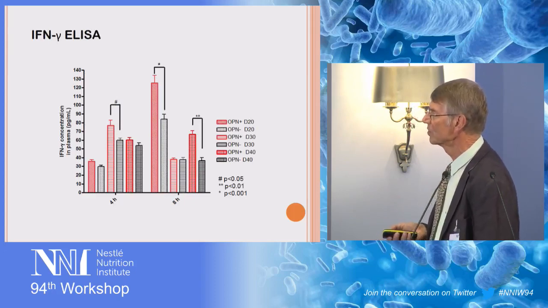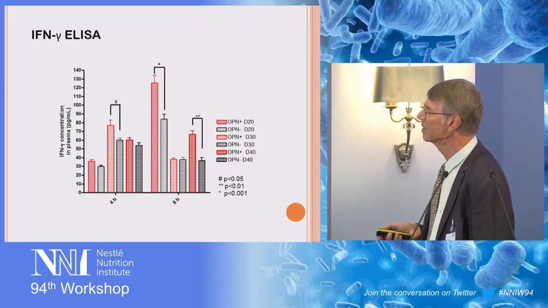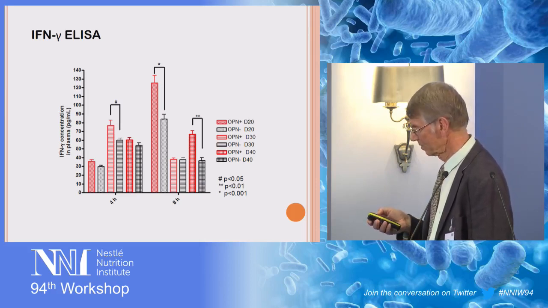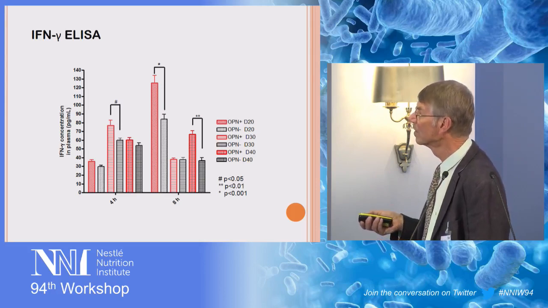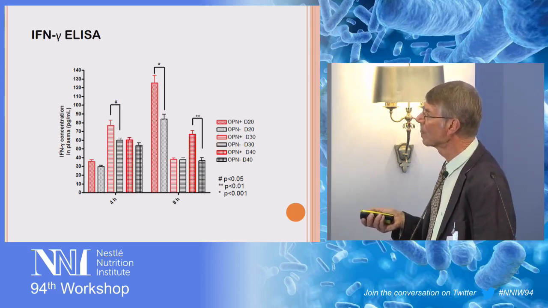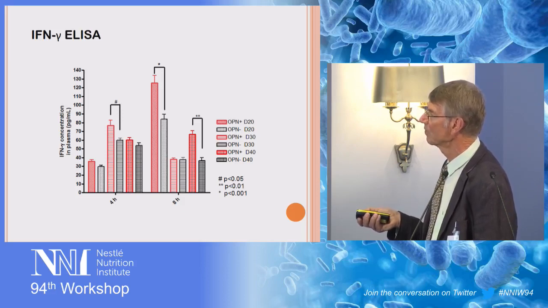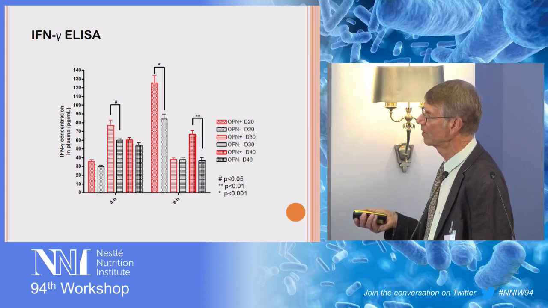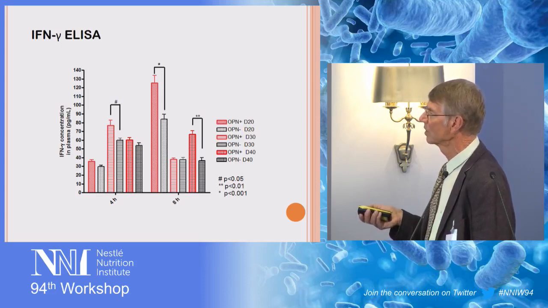And here you can see the results in the LPS-infected animals. And you can see here that interferon gamma, 4 hours after the LPS, was significantly lower in those that had not been fed osteopontin in their milk. And this was accentuated at 8 hours. And you can see the difference.